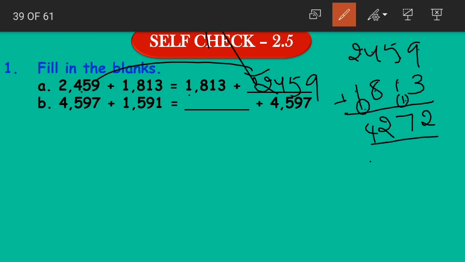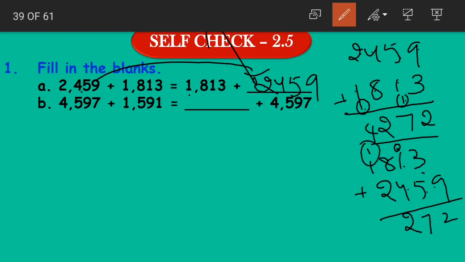Now coming to the second part, 1813 plus 2459. Again 3 plus 9 becomes 12, 1 carried, 1 plus 1 becomes 2, 2 plus 5 becomes 7, 8 plus 4 becomes 12, 1 carried, 1 plus 1 becomes 2, 2 plus 2 becomes 4.